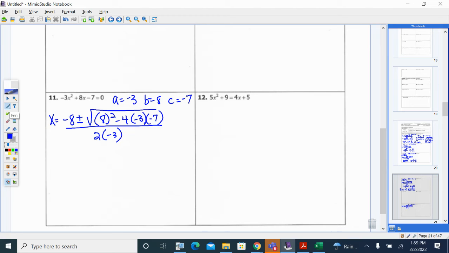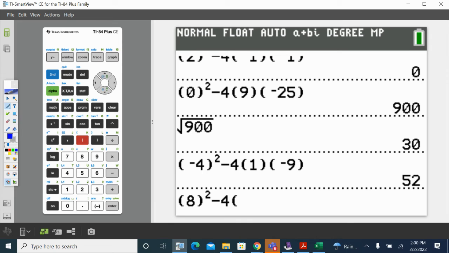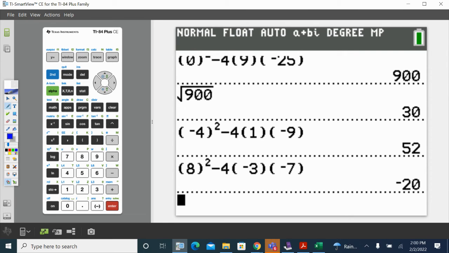Once again, I'm only going to calculate the discriminant in the calculator to figure out what kind of solutions I'm going to have. So 8 squared minus 4 times negative 3 times negative 7. And I get negative 20.